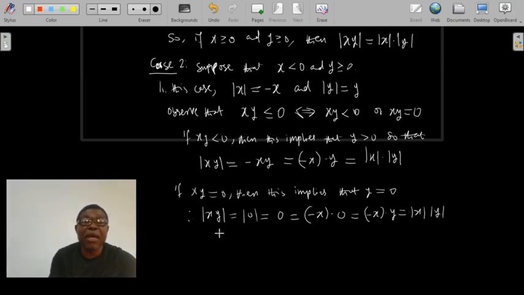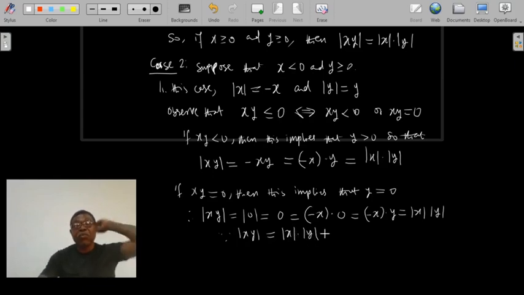So again, we have that the absolute value of xy is equal to the absolute value of x times the absolute value of y. So in the case where x is really less than 0 and y is greater or equal to 0, we get that the absolute value of xy is equal to the absolute value of x times the absolute value of y. Now, a similar case, there's no need repeating it.